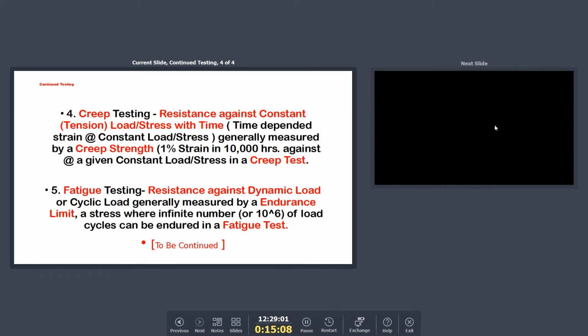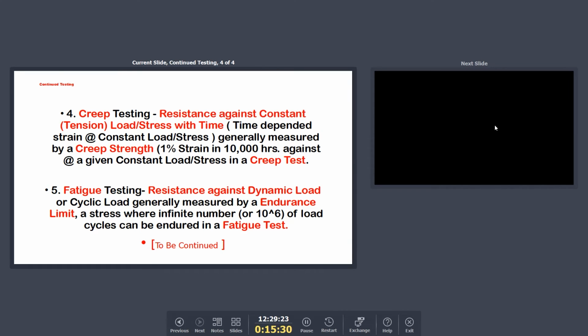The resistance of the material against constant load with time is measured in creep testing. So what is creep? Creep is a time-dependent strain at constant load or constant stress.